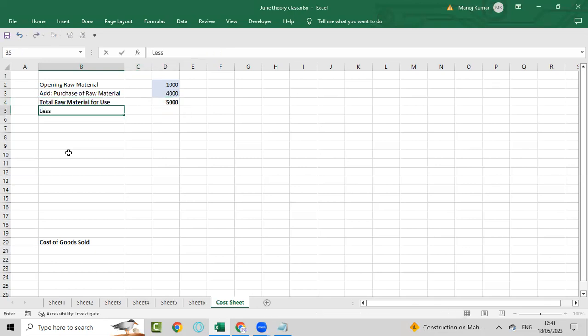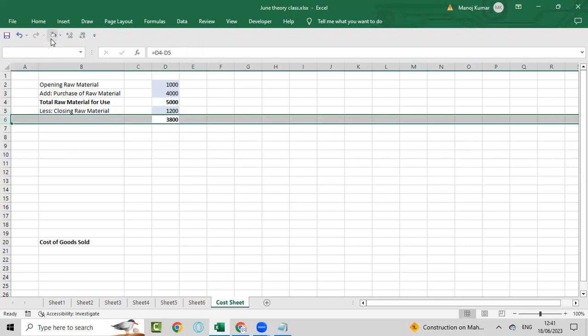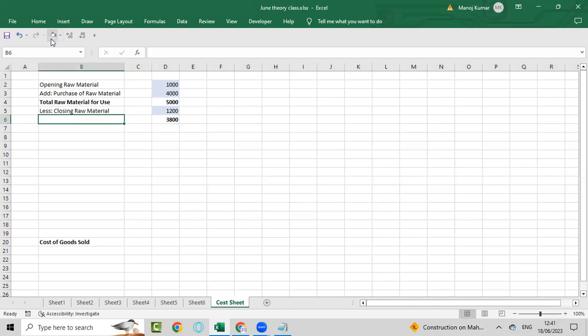Then less closing raw material. That's suppose 1200. So this I will deduct. Now what is this 3800 called? What is the 3800? Raw material consumed.